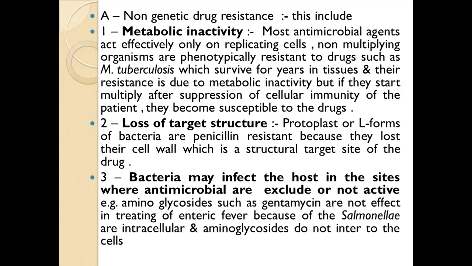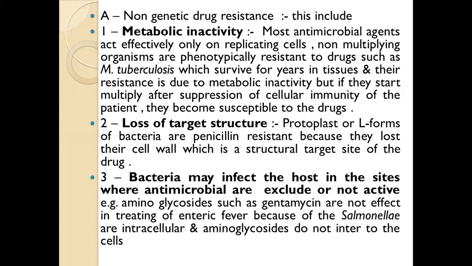But if this bacteria becomes active, it becomes susceptible to antibiotics. This occurs after the suppression of the cellular immunity of the patient. As you know, the main type of immunity that controls mycobacterial infection is the cellular immune response.